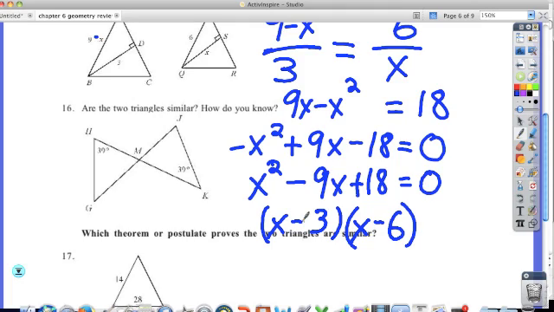Hopefully at this point you don't need this step anymore, right? If I set them each equal to 0, x could be equal to 3, or x could be equal to 6, correct? So mathematically, I have 2 answers. But I have a real problem here.